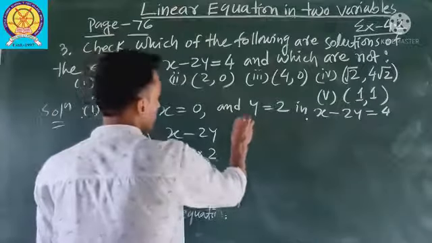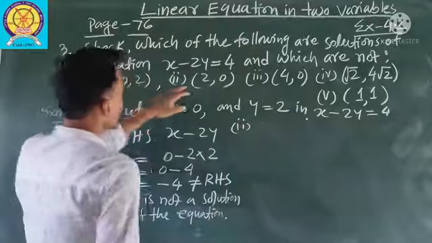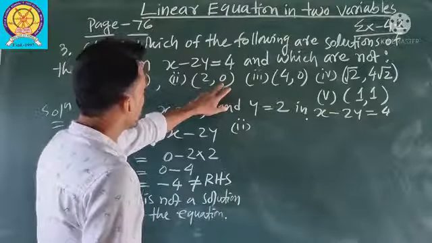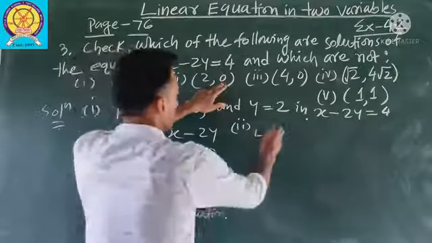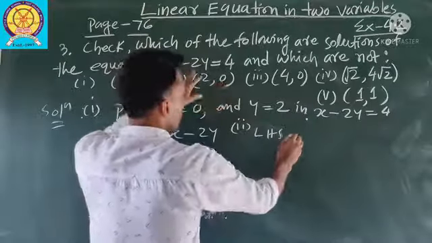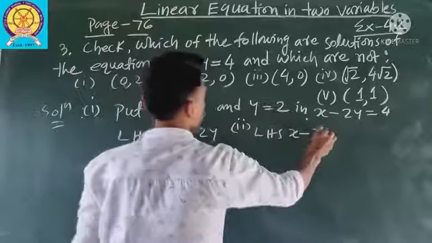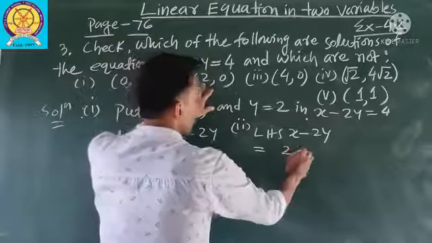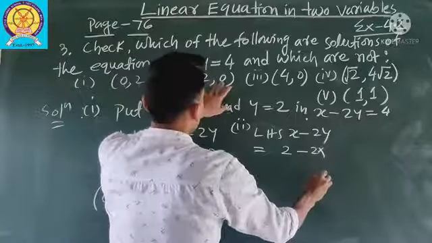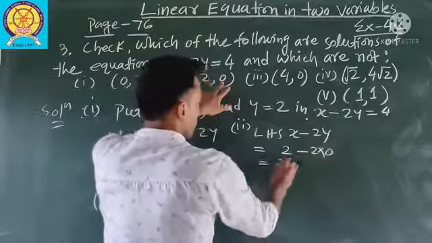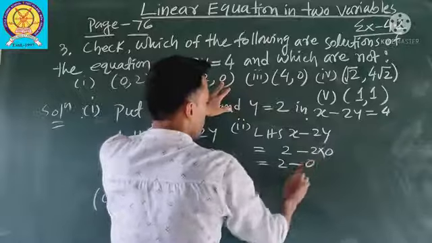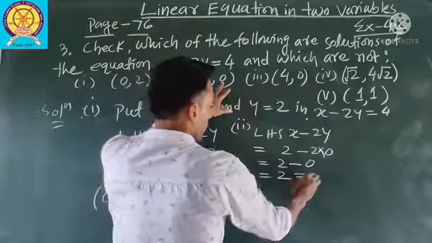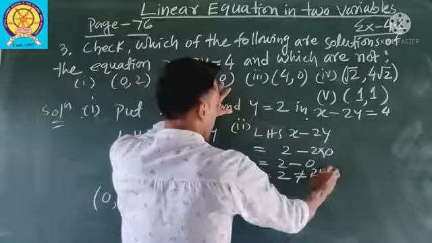Now we will check number 2. Given x is 2, y is 0. So in the left hand side of the equation you put the value, x minus 2y. X is given as 2, y is given as 0. 2 minus 2 into 0 is 0. 2 minus 0 is 2, which is not equal to the right hand side.